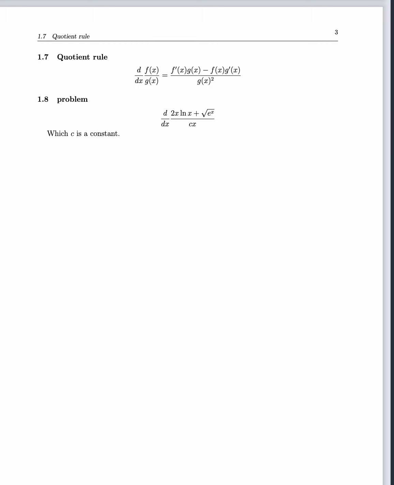So let me just copy and paste since I'm kind of lazy to write it down again. This one can be written as 2x ln of x, entire thing divided by x, plus square root of e to the x, entire thing divided by x.